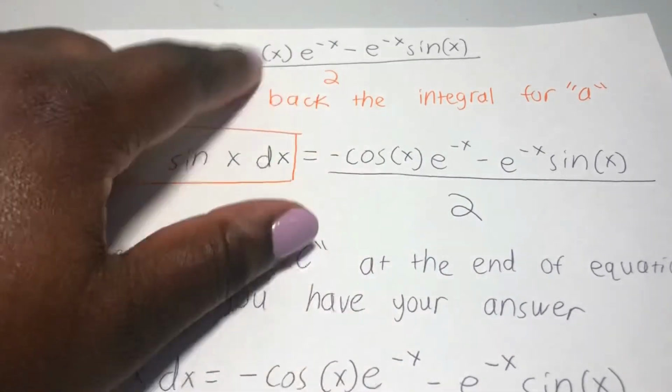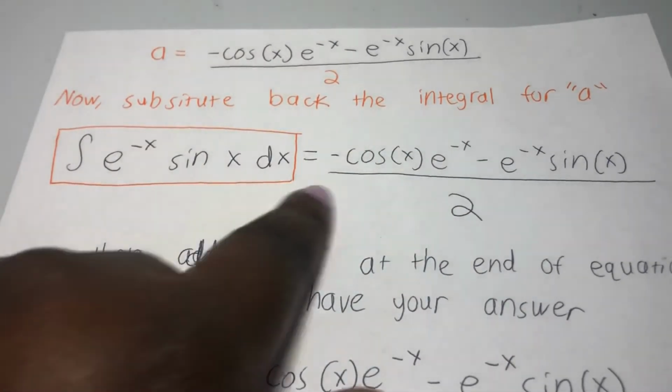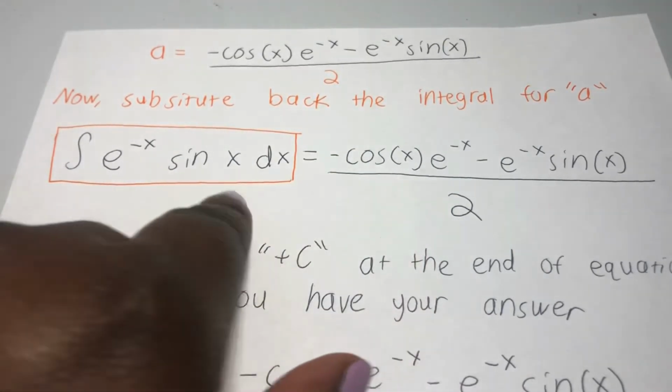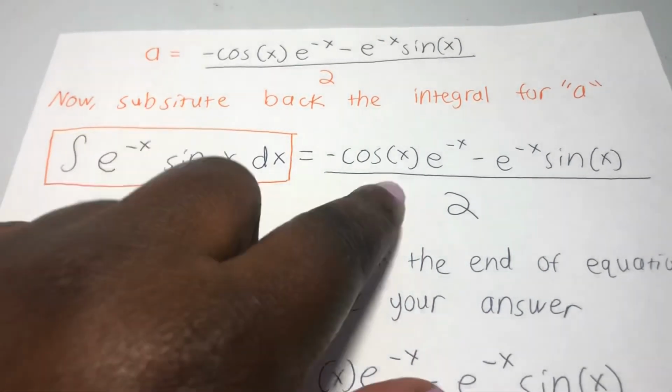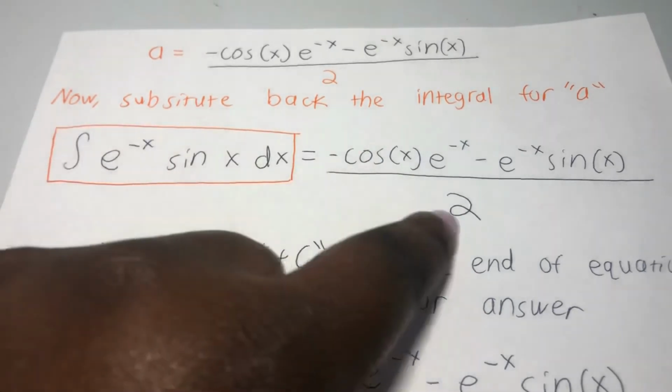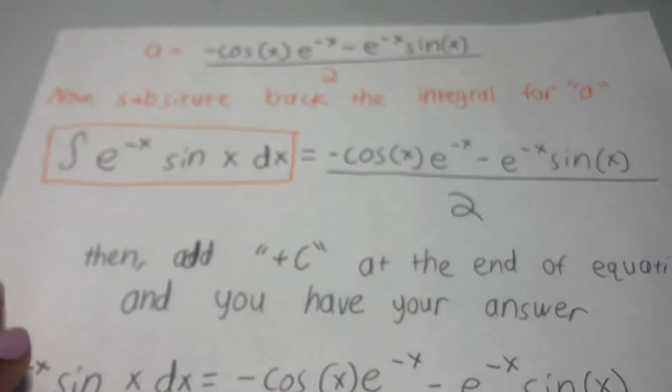That's what we solved for a. So now this is the answer to this equation. We answered it algebraically. This is the total answer, and don't forget to add plus c at the end.